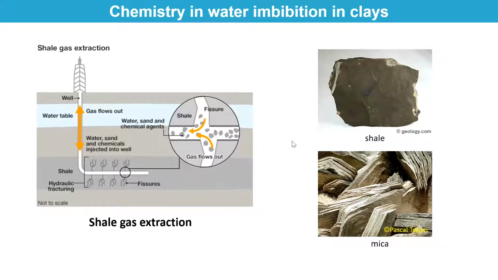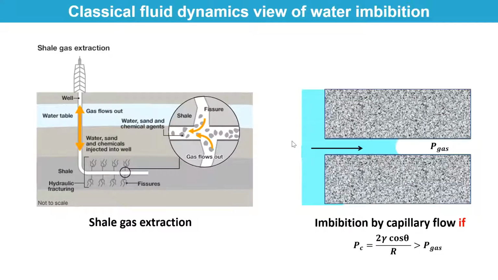This kind of phenomenon can be described using classical fluid dynamics. If we have a micropore here whose surface is hydrophilic, and now it is exposed to water, then because of the interfacial effect or the surface tension effect, a capillary pressure is generated according to this formula.